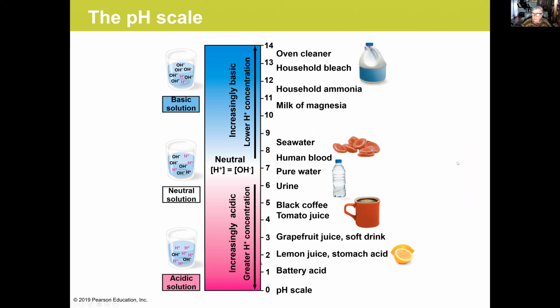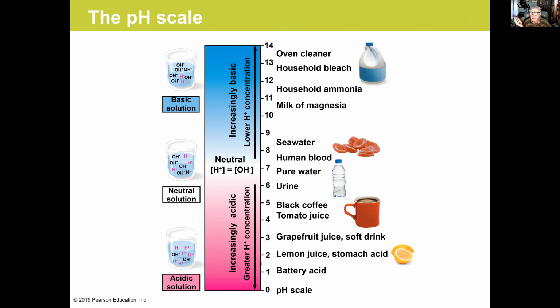Okay, and so this is how acids and bases are defined. And every aqueous solution has a pH, because water breaks apart. But oils, for example, there's no such thing as pH for oils.